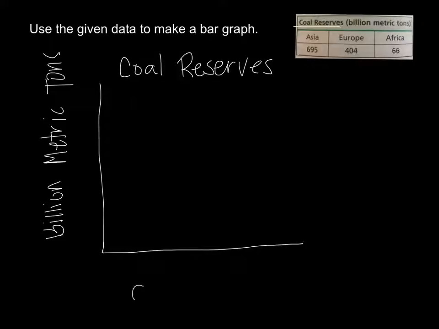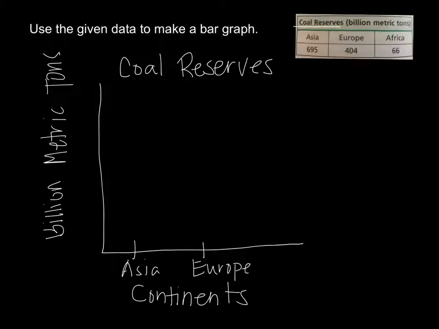Then along the bottom would be our continents. Okay, so our continents that we have are Asia. Then we have Europe. And lastly, we have Africa.